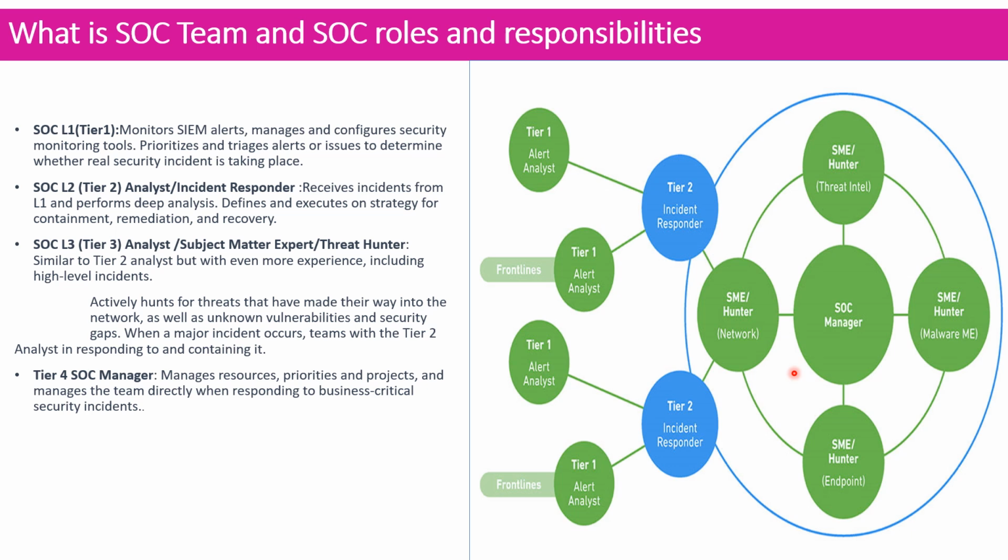So they'll be actively hunting those unknown or undetectable threats, and if they find any unknown or undetected threats, they will create signatures or update and build their defensive security to detect these sorts of unknown threats.